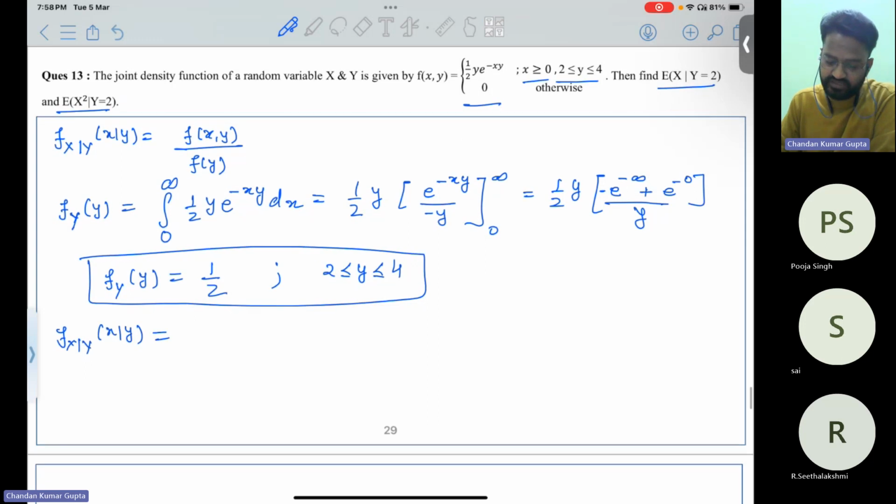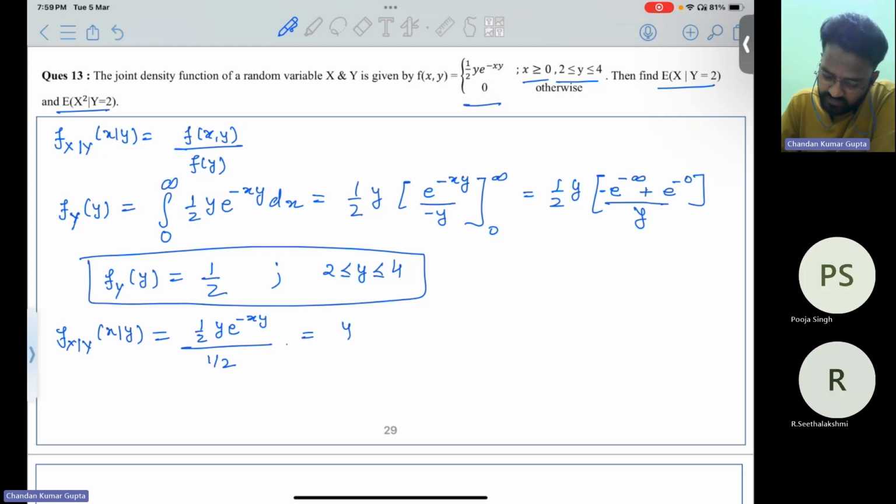Let's first write the general form. So it is 1 by 2y e to the power minus xy divided by 1 by 2, which comes out to be y e to the power minus xy, for x greater than 0 and y belongs to 2 to 4.